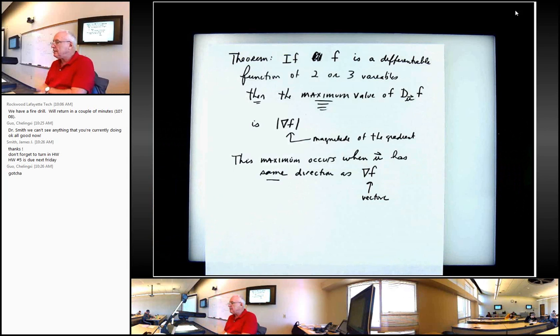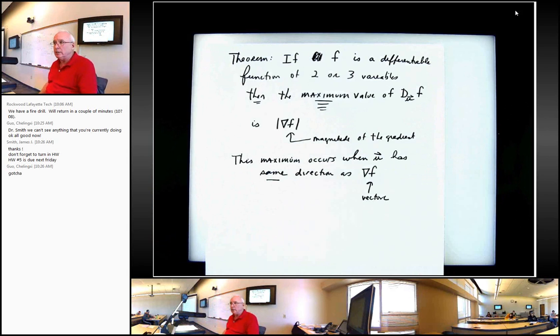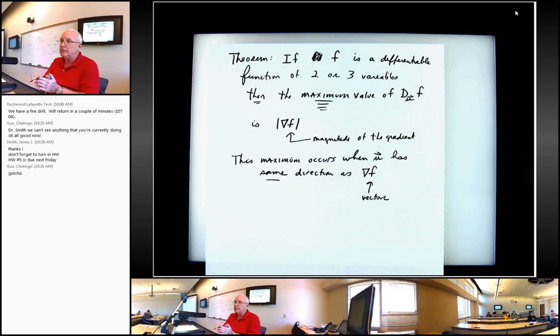So this theorem tells us two things. It tells us what the biggest increase in the function is going to be. It's going to be the magnitude of the gradient, and it's also telling you the direction that you're going to find that biggest increase, and that direction is also the gradient vector.